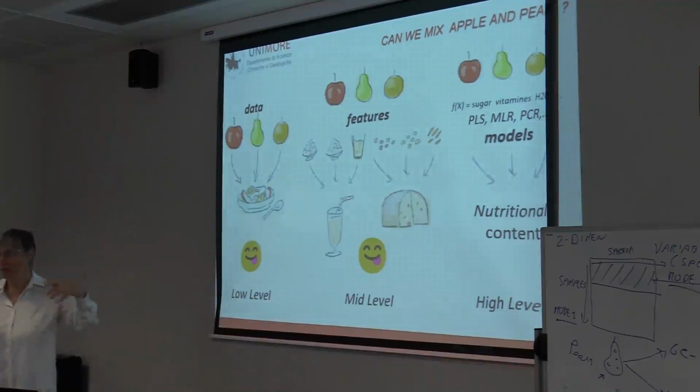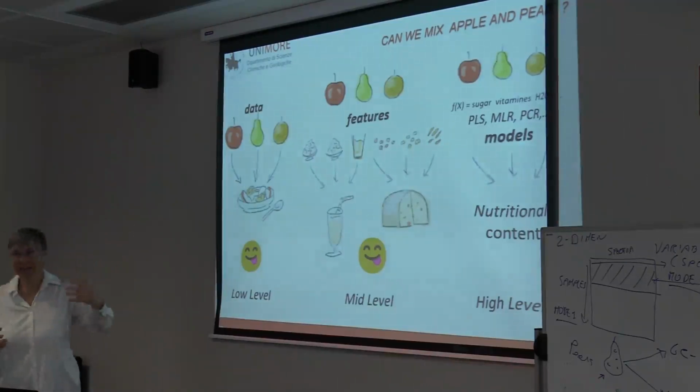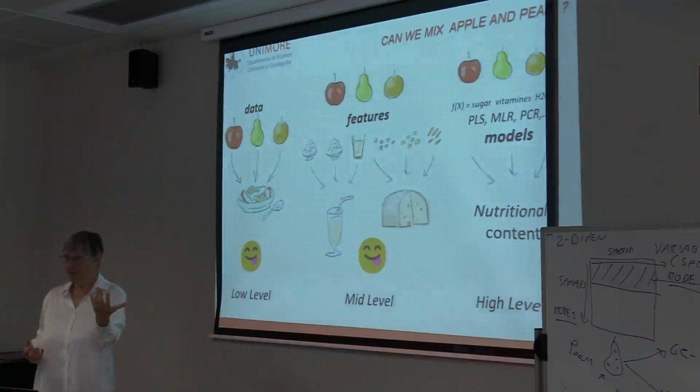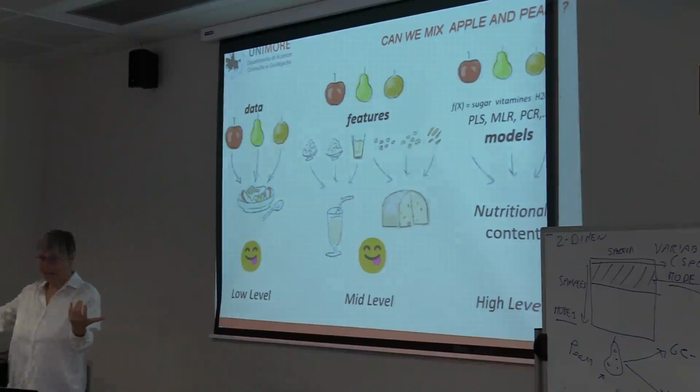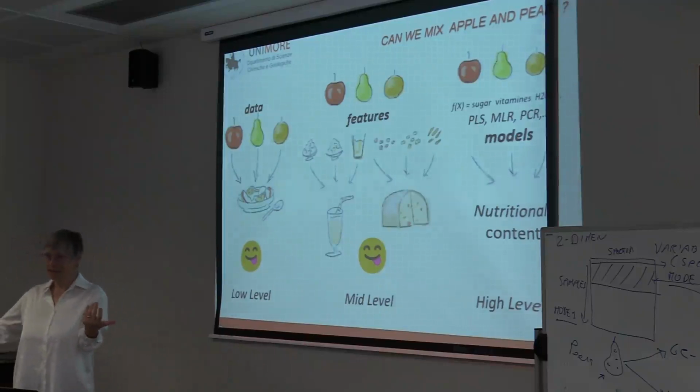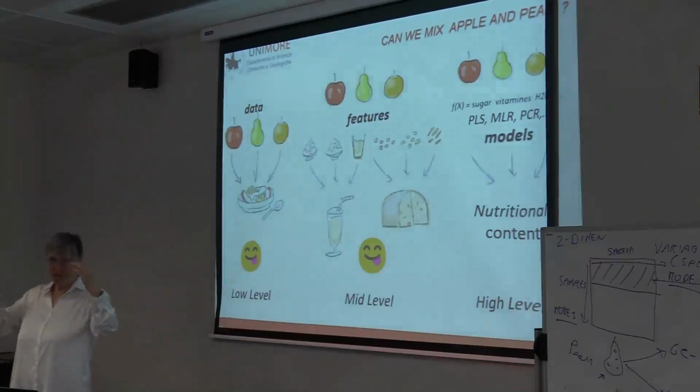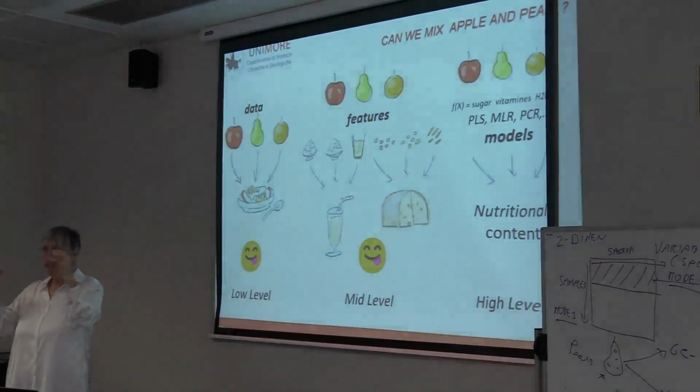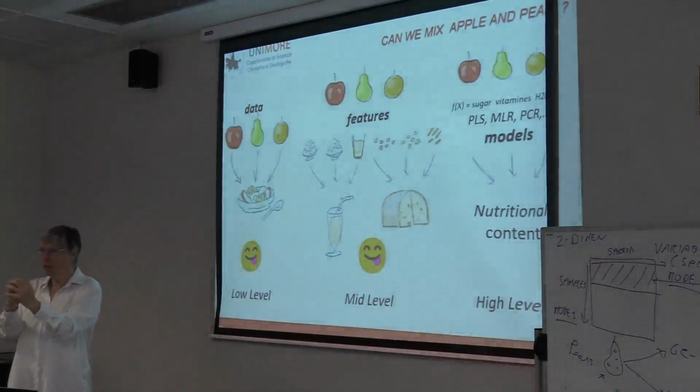Usually we do classification with the first data set, classification with the second data set, classification with the third data set, and they classify samples, not always with the same decision, and we merge these decisions together.